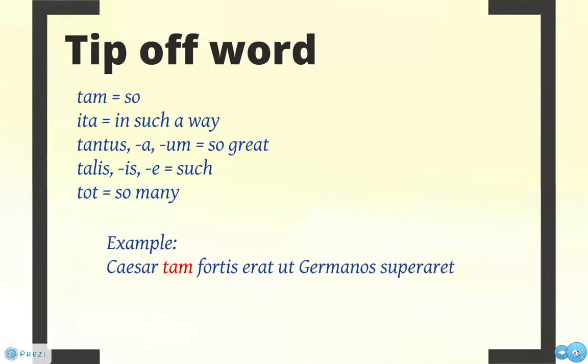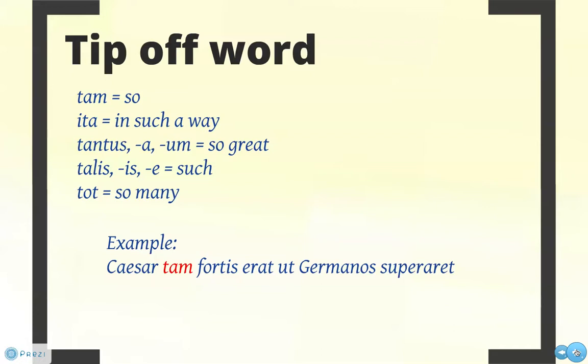Then we have maybe the most important part of these result clauses, which is what is called by the author of your books the tip of word. We will see one of these words in the main clause with the verb in the indicative or close to it. The adverbs tam, ita, or tot.